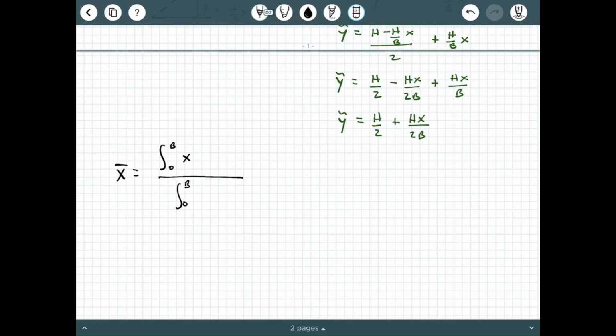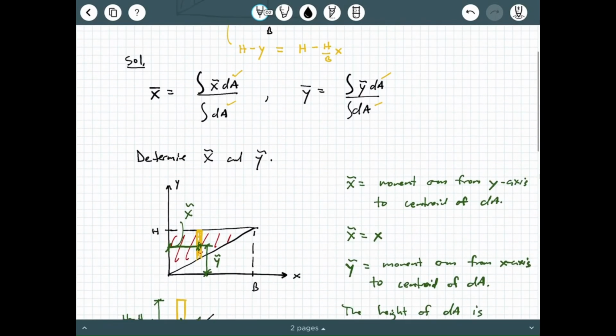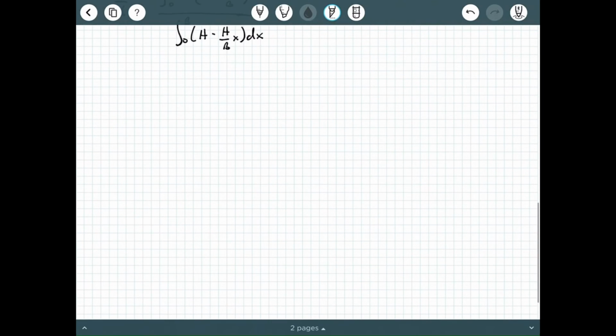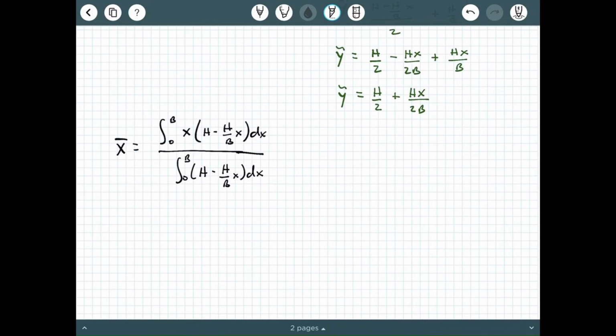Back up. I was thinking about the previous example. It's H minus h over b x dx. There we go. Because remember, dA is right here, H minus h over b x dx. So here's our integral for x bar.